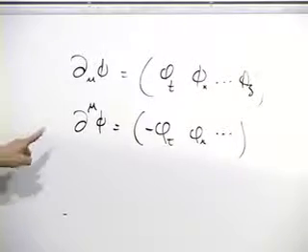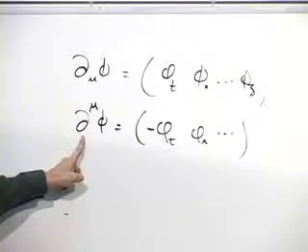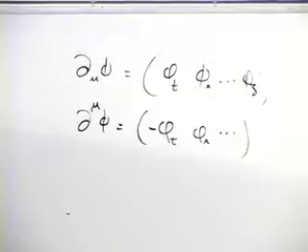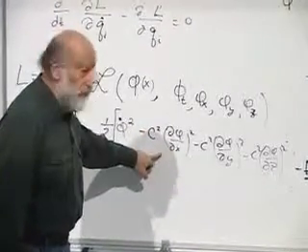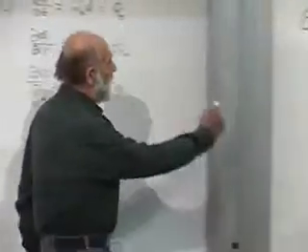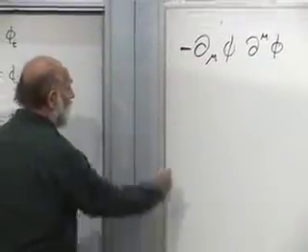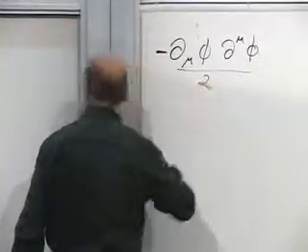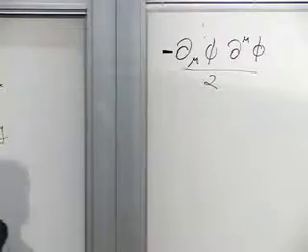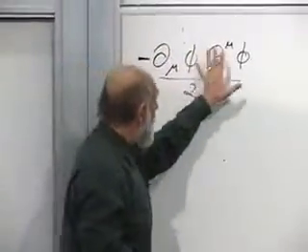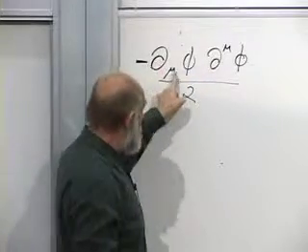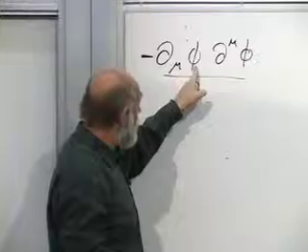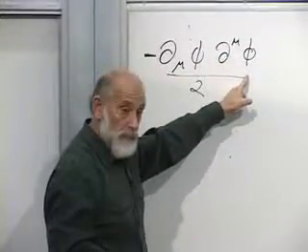Then when I multiply the contravariant derivative times the covariant derivative, it gives me something with a time derivative squared having the opposite sign from the space derivatives. In fact, I think I want to put a minus sign in here, and a 2. So the Lagrange density that I've written down over here is nothing but the scalar which is made by contracting together the covariant components of the gradient of phi with the contravariant components.